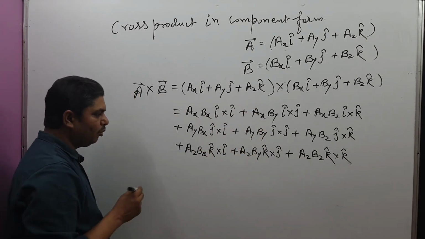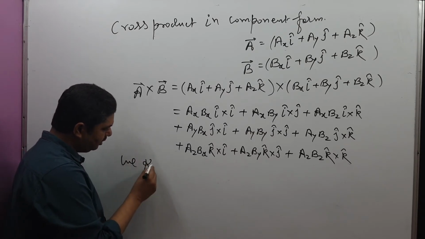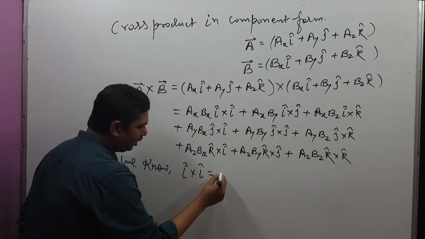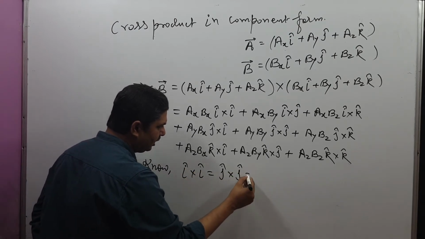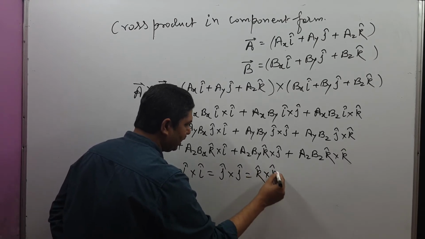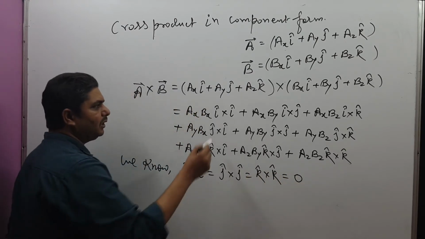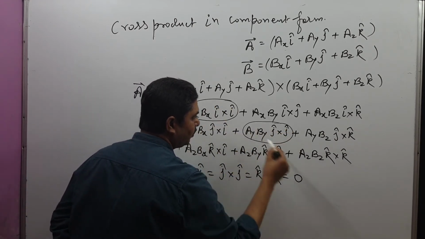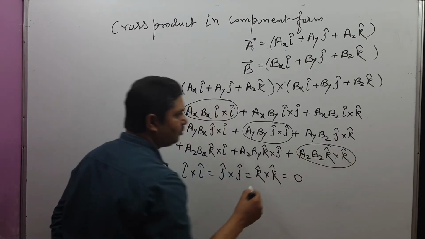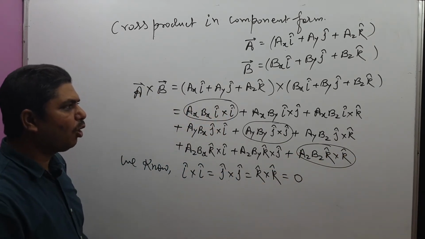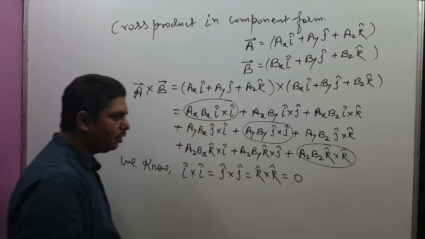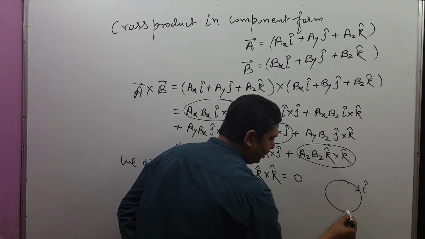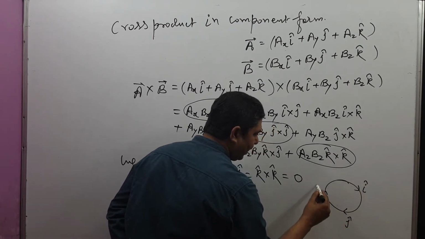Now what do we know? We know that i cross i equals j cross j equals k cross k equals 0. This means that this term and this term become 0. And we use the clock rule for the other terms. I am drawing here the clock rule. This is i, j and k.